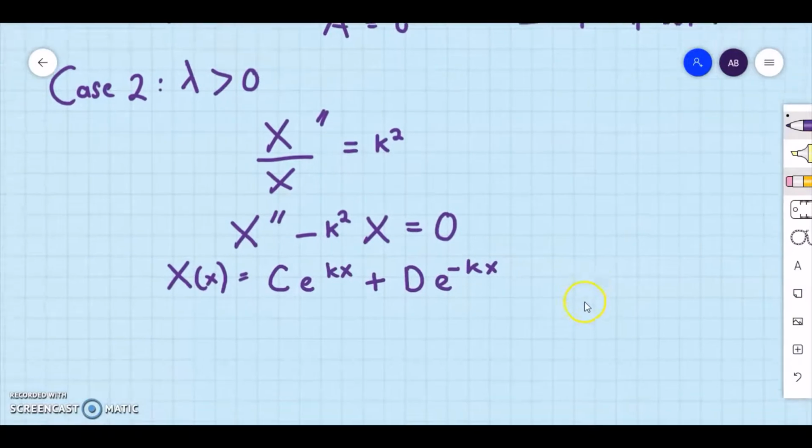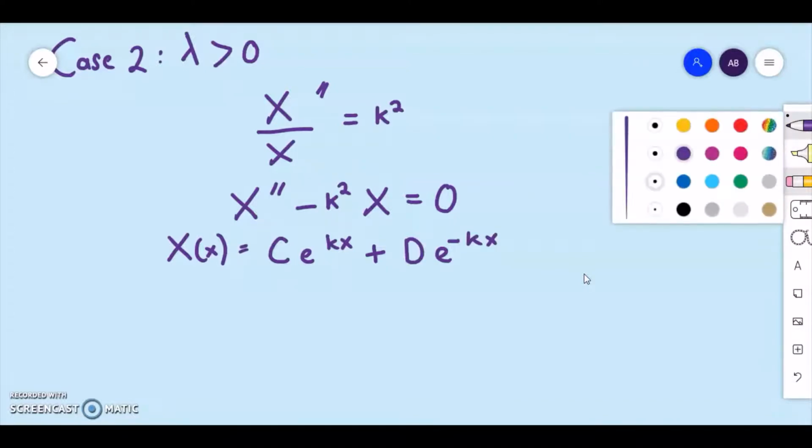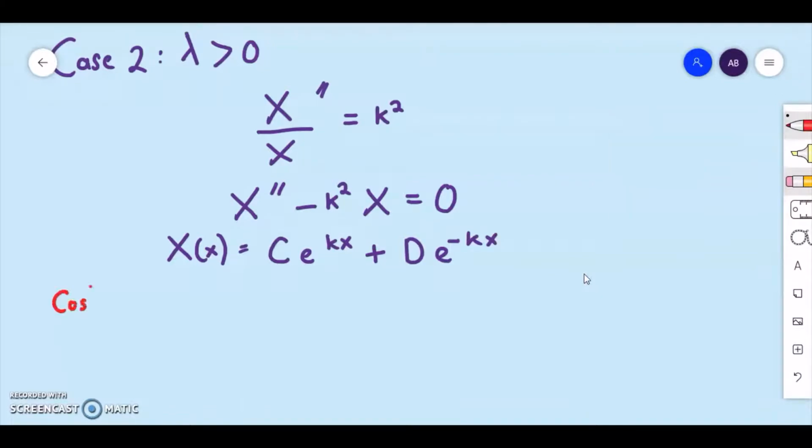Now, for this finite interval, it's easy to understand if we write this in terms of hyperbolic cosh and hyperbolic sinh. Recall, maybe I'll just write a note here, the hyperbolic definitions. Hyperbolic cosh x, I can write as exponent x plus exponent negative x over 2.